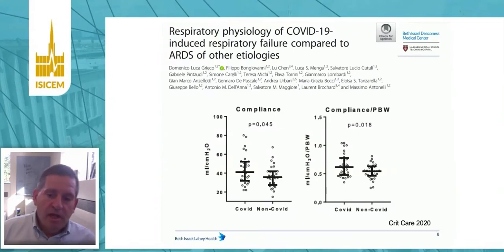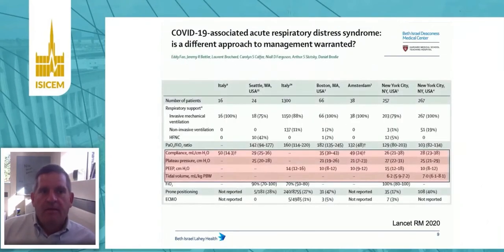Looking at the compliance per predicted body weight, compliance being higher in the COVID patients per predicted body weight, that may be an artifact of the risk of obese patients for COVID-19. So by dividing by the body weight, we may be seeing a higher compliance per predicted body weight.